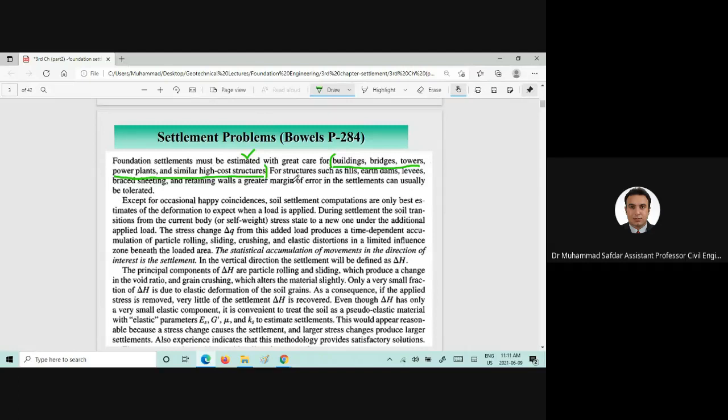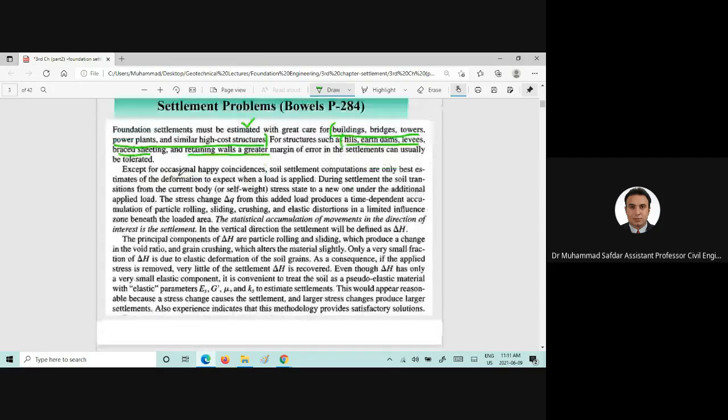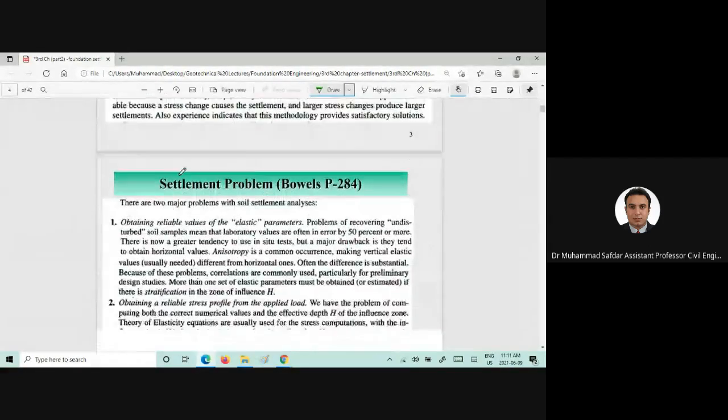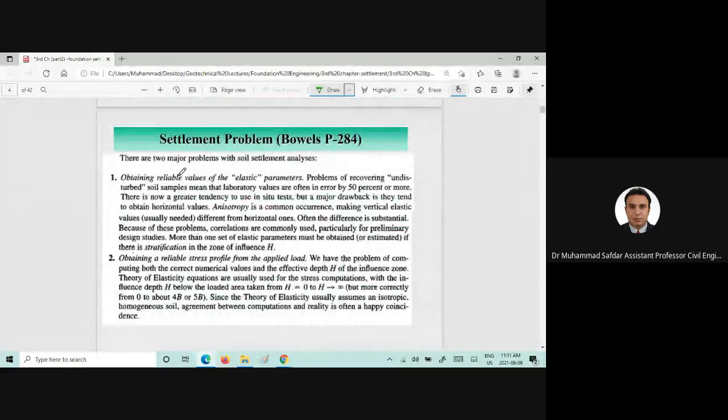Now there are other structures, for example, fills, earth dams, levees, braced sheeting, sheet pile walls, retaining walls. A great margin of error in the settlements can usually be tolerated. So we can get approximate values of settlement there, and it should be fine.